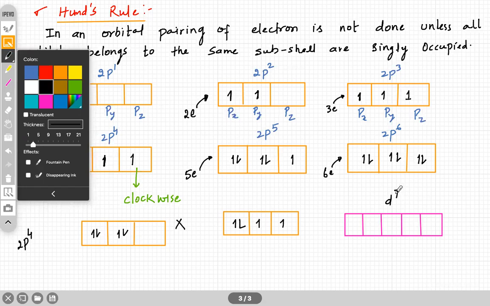So all the orbitals will be singly occupied first: 1, 2, 3, 4, 5, 6, 7. This is the d7 configuration. Clear? No doubt? Okay, this is Hund's rule.